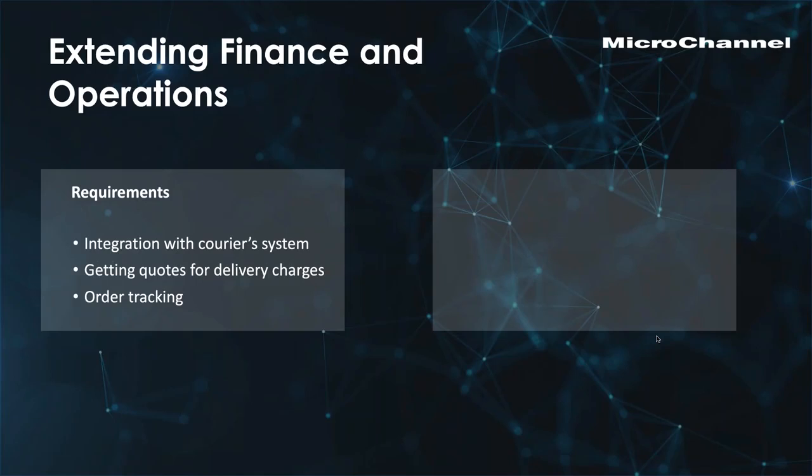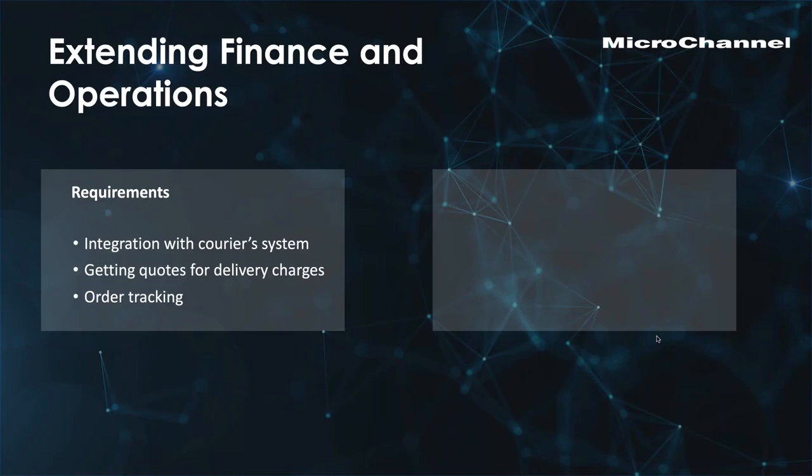So we have a simple scenario. We have one of our customers who is selling outdoor equipment, for example, and with all these strange things which happened lately, they needed to move their business online, and they need to integrate with the external courier system that they use to ship their orders.